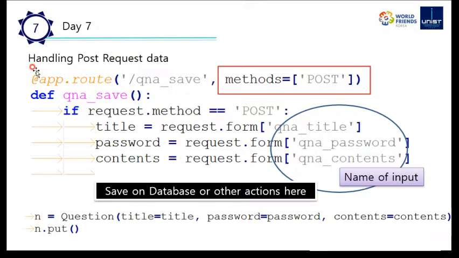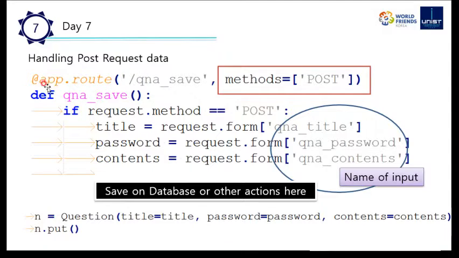Now this slide is about handling post request data. When you want to get requests in the post method, you should put method equals post. The default is method equals get. So when you want to proceed in the get method, you don't have to put any of this.